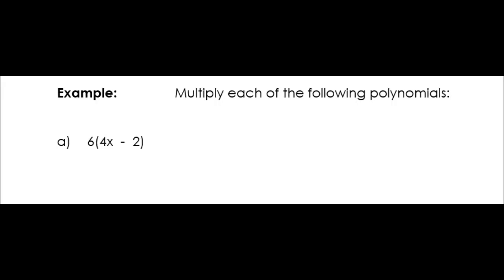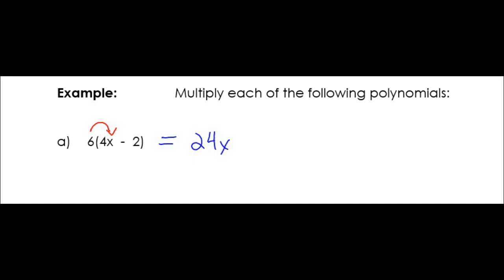Okay, so right away I see this polynomial expression and I want to get rid of those brackets. So I'm going to simplify it by going ahead and distributing the 6 to both terms inside the bracket. So 6 times 4x will give me 24x.